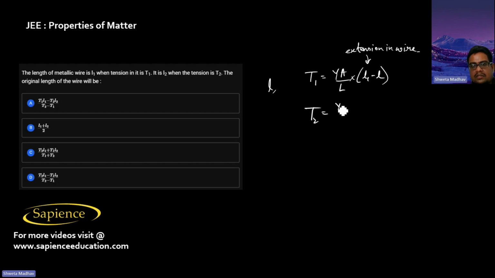Similarly, T2 is YA by L into L2 minus L, where Y is the Young's modulus, A is the area of cross section, and L is the length of the wire.